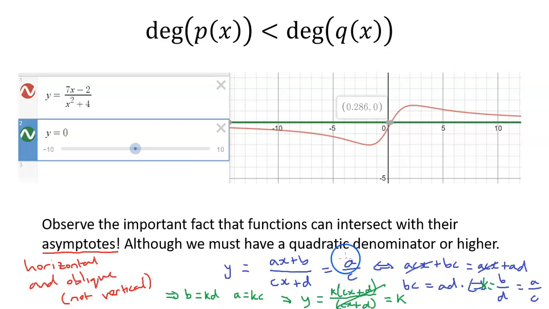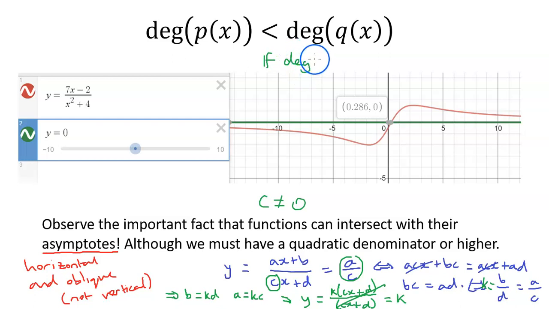In that situation, it would be equal to a divided by c, and it wouldn't be considered a simplified rational function. Obviously, we're supposing that c does not equal 0, and in all of these situations when we're talking in general like this, we're assuming that the degree of the denominator is greater than or equal to 1.